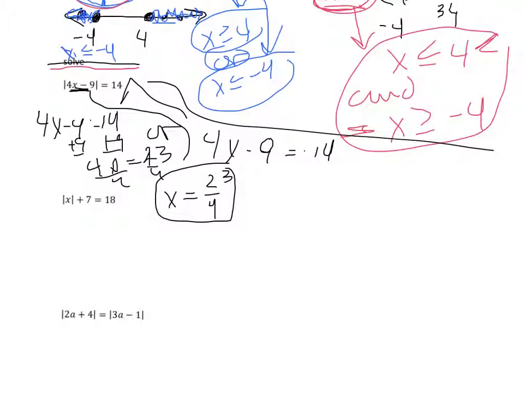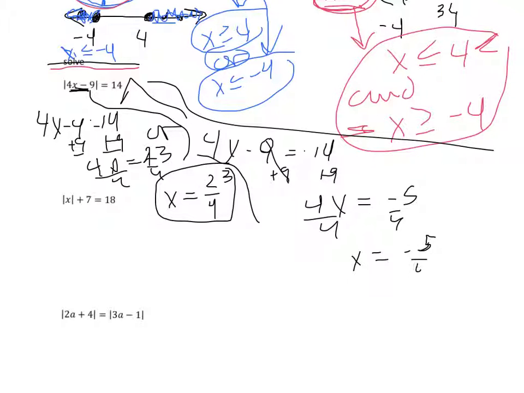Now, the second one right here, add 9 to both sides. Again, this is the negative case. We still get 4x equals, 9's cancel, negative 5, divide by 4. We get x equals negative 5/4. So those are our two solutions to that problem right there. That is how it works.